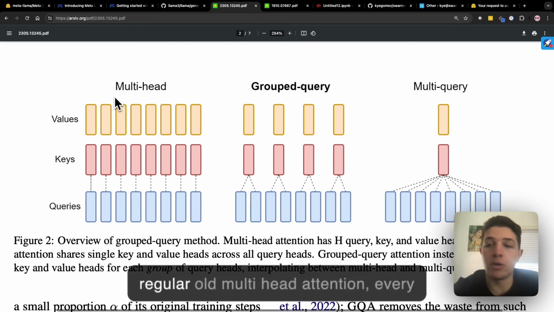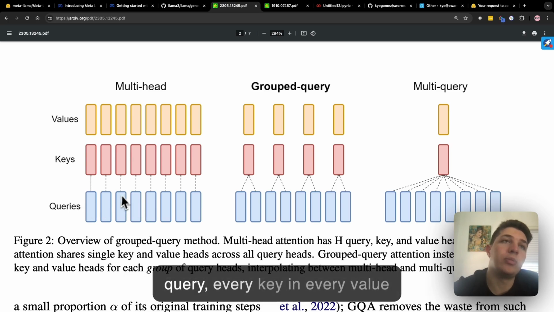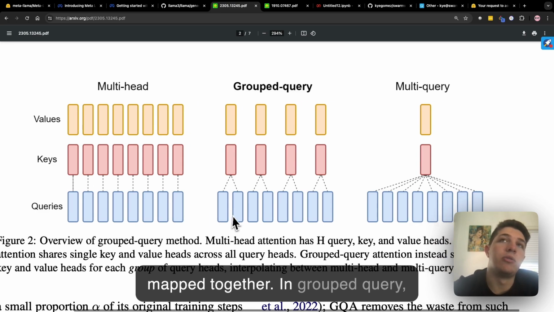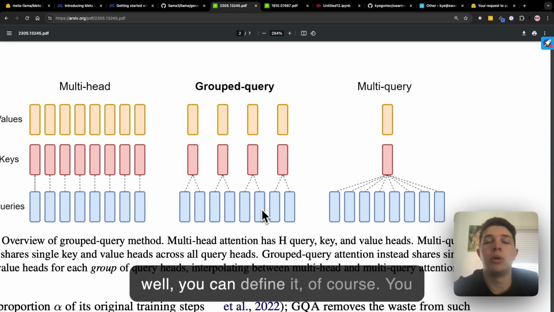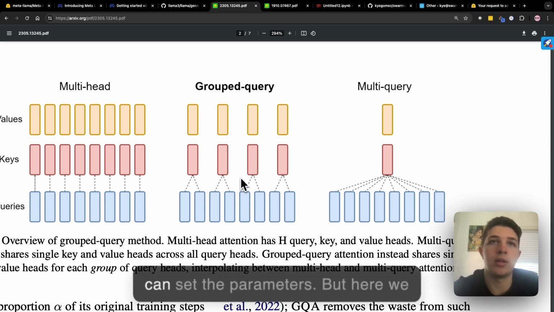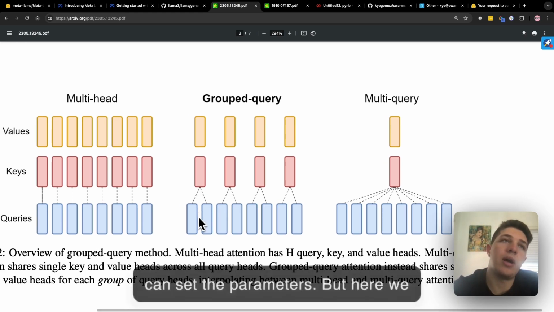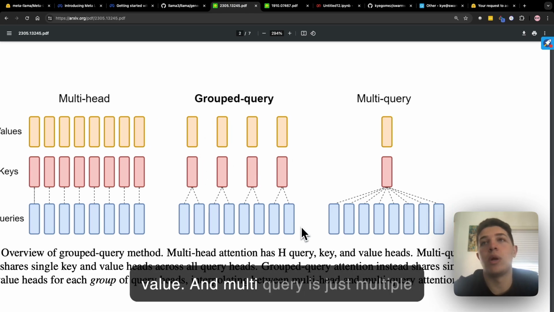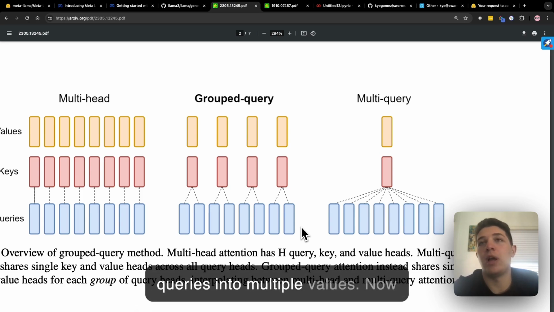In regular old multi-head attention, every query, every key, and every value map together. In grouped query, you can set the parameters, but here we have two queries for every one key and value. And multi-query is just multiple queries into multiple values.